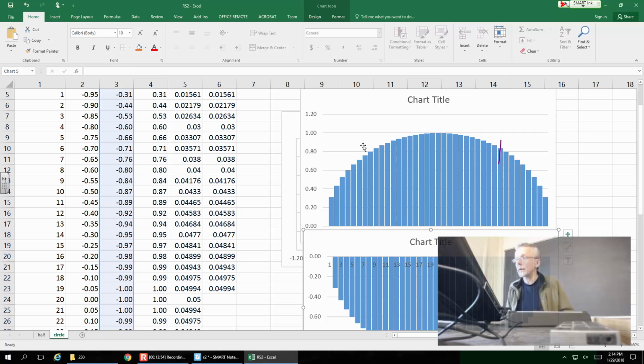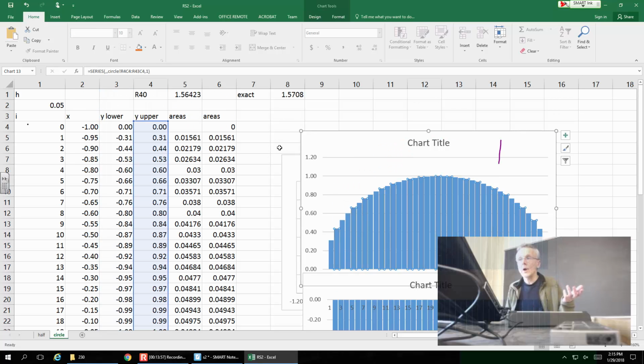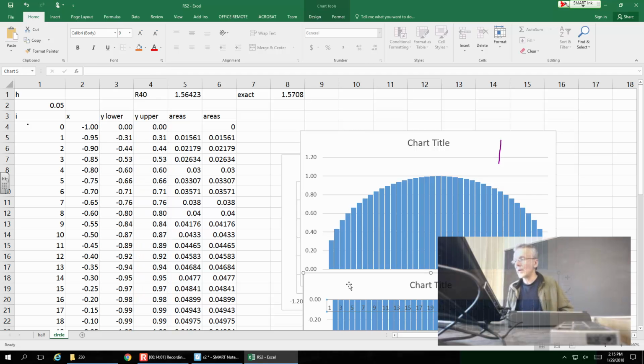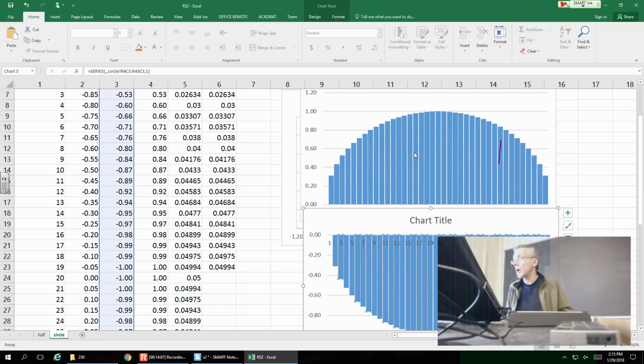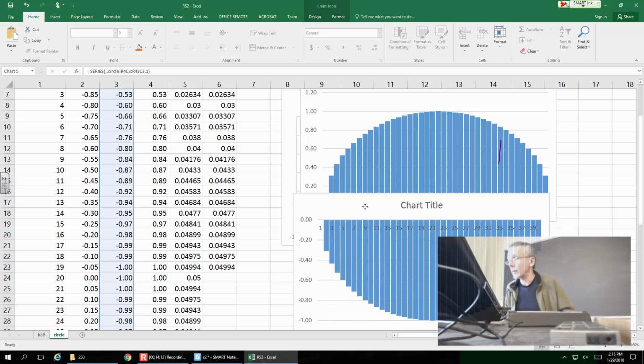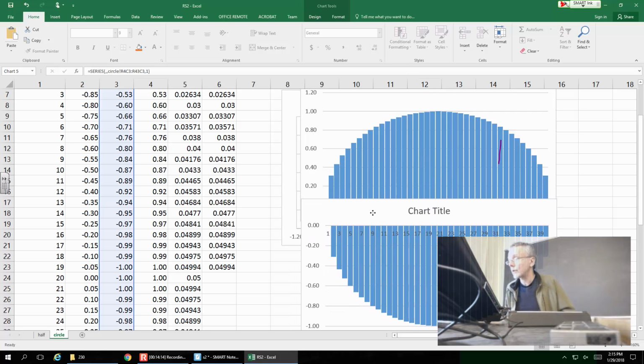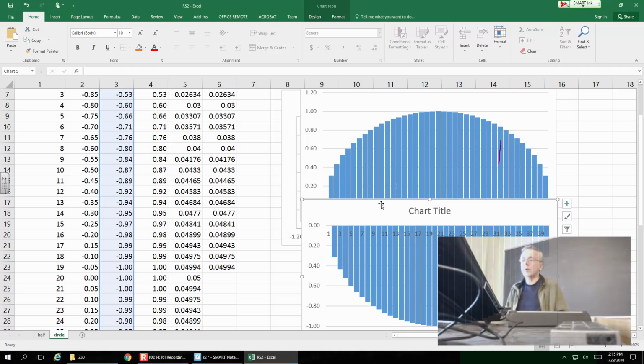This data refers to the y upper column over here, and the second one refers to the y lower column. So as you can see, I have the full circle now, and if I move them a little bit around like this, you can see together they form a circle.